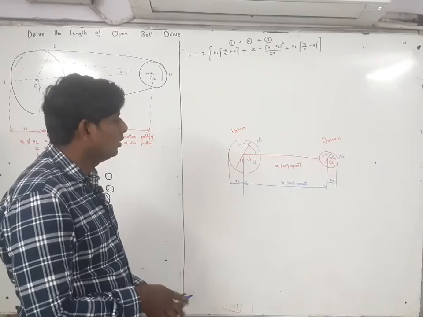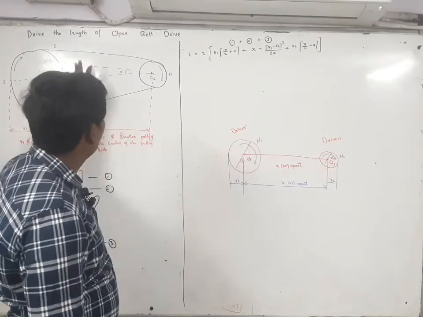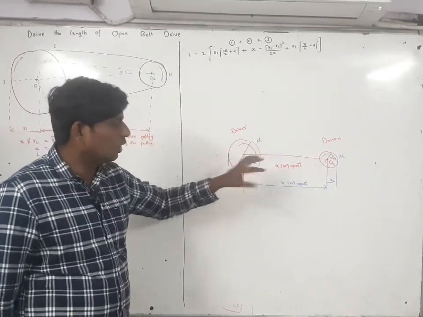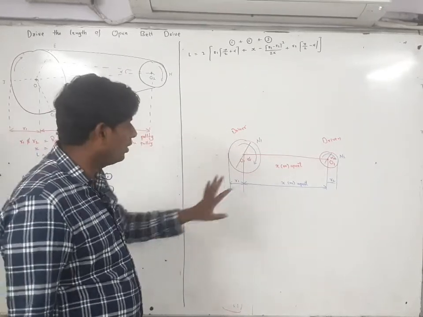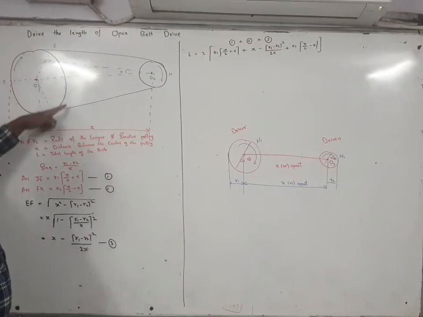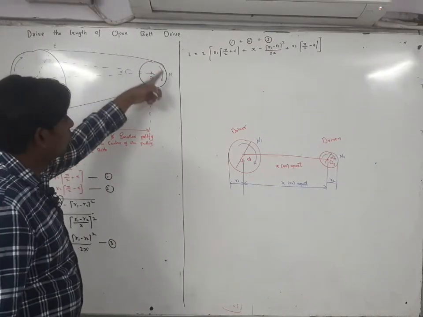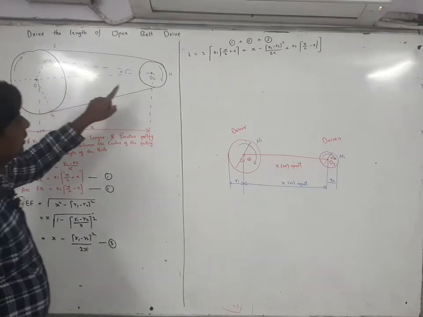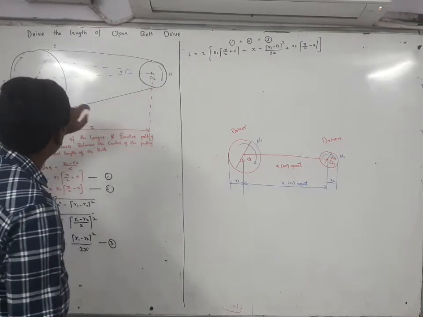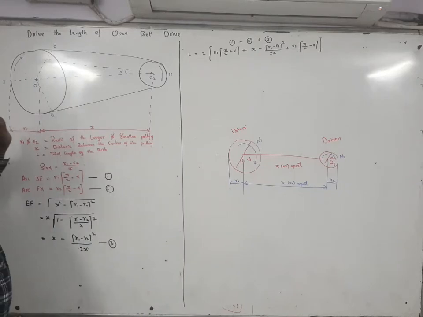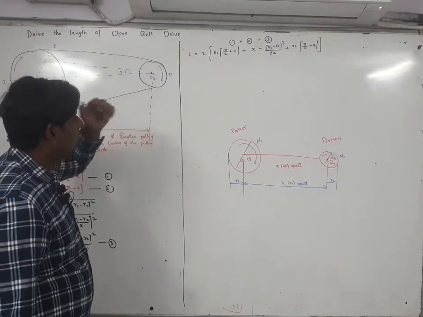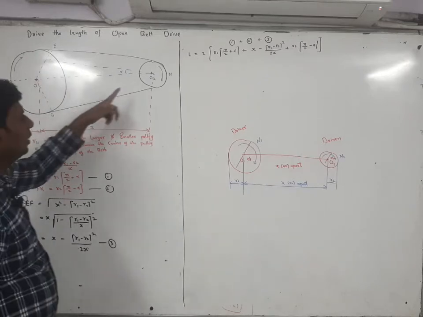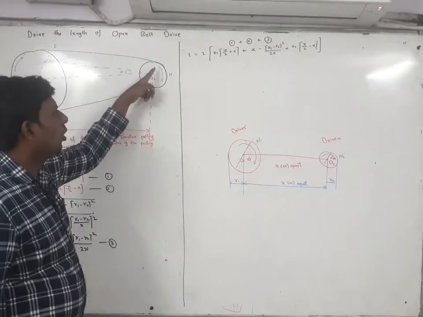Let us derive the length of an open belt drive. For that, first you have to write this theory. This one is known as the driver, and this one is known as the driven, or follower. The center of this one is O1, and the center of this one is O2. The diameter of the driver pulley is D1, and the diameter of the driven pulley is D2.